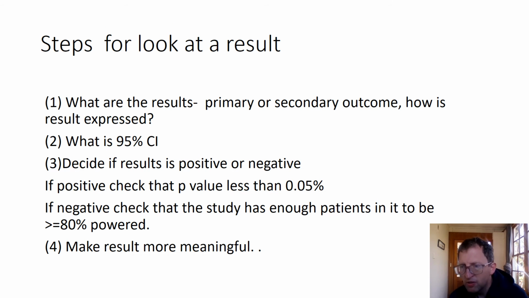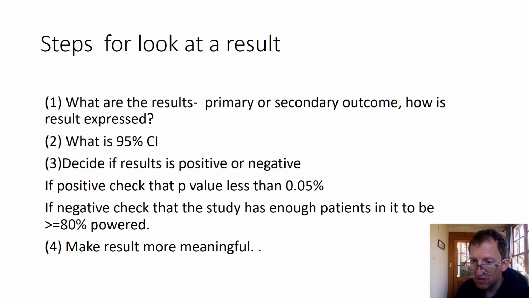And by expressed, what I mean is, is it expressed as a ratio, like a hazard ratio, odds ratio, or relative risk? Because that tells me that a positive result has to not include the number one in it.